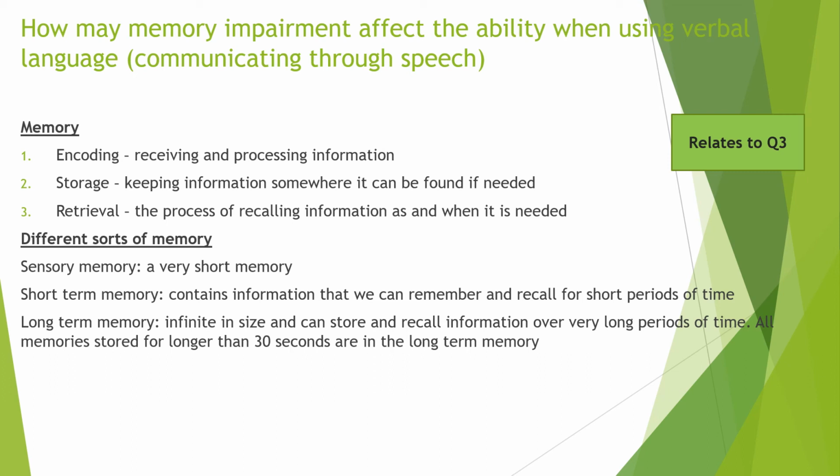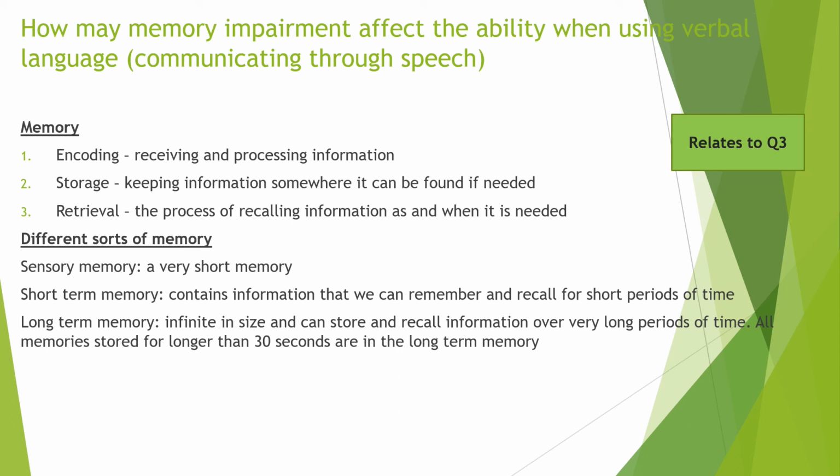The most widely held view is that there are 3 important functions. Number 1, encoding, which is receiving and processing information. Number 2 is storage, which is keeping information somewhere it can be found if needed. Number 3 is retrieval, so the process of recalling information as and when it is needed.